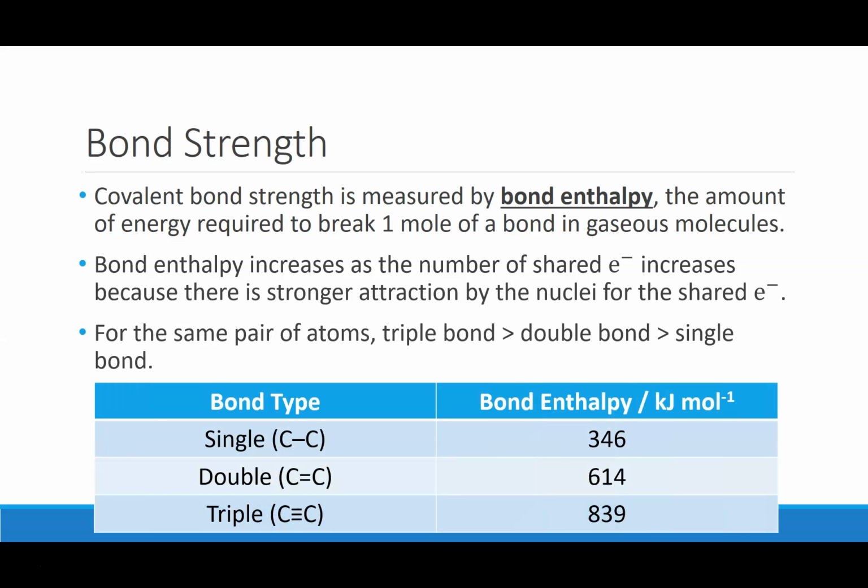This means that for the same pair of atoms, a triple bond between them has the highest bond enthalpy, followed by a double bond, and a single bond has the lowest bond enthalpy. In other words, the triple bond is the strongest, followed by the double bond, and the single bond is the weakest. This pattern is seen in this table with the bond enthalpy data of carbon-carbon single, double, and triple bonds.